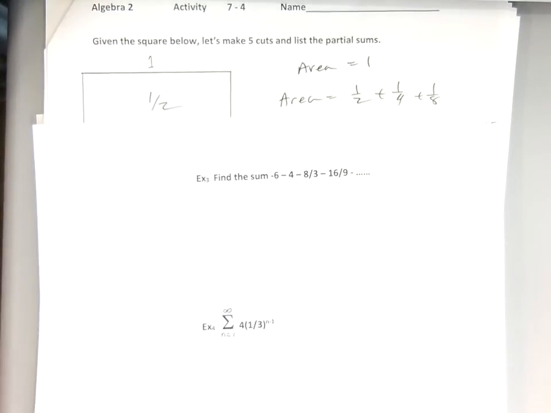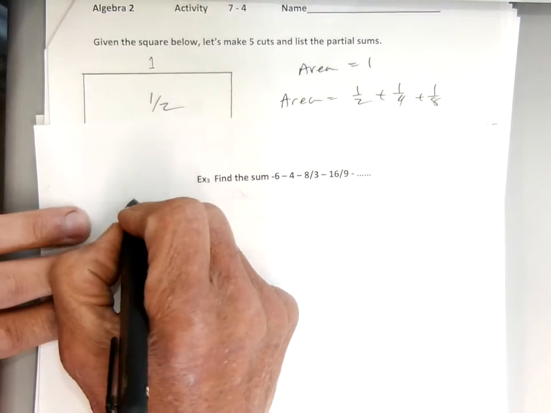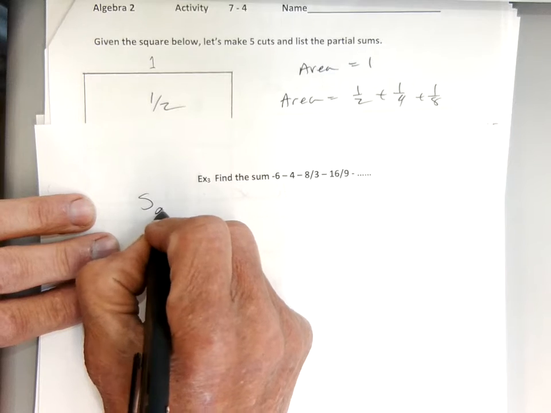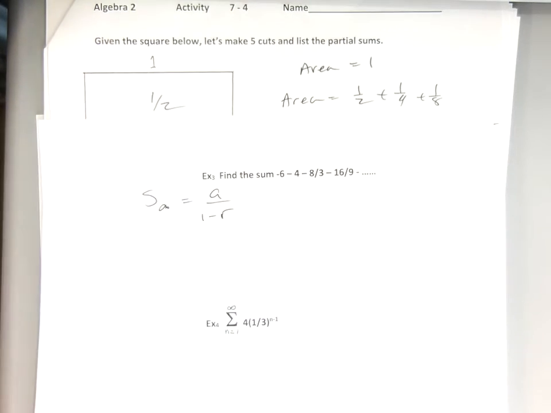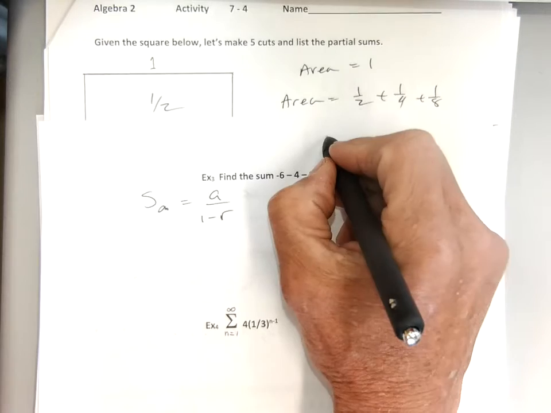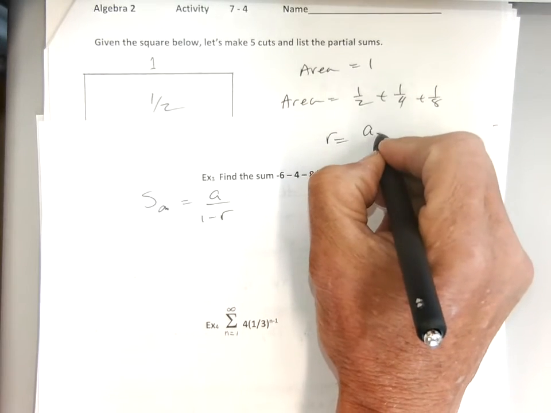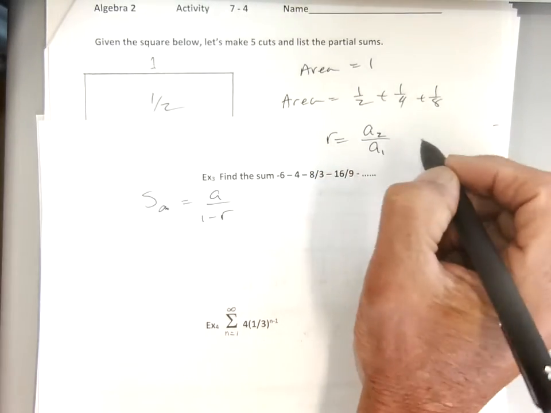Number 3, find the sum. So I've got a formula. I've got my S of infinity equals A1 over 1 minus R, okay? But before I do anything, I got to figure out what R is. So one way to find R is to take the second one divided by the first one, okay? That always works.